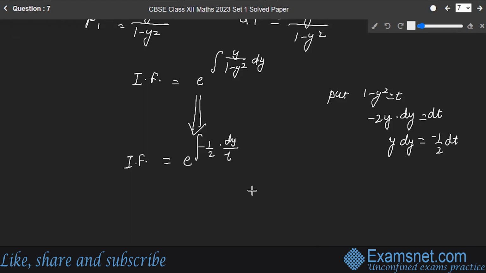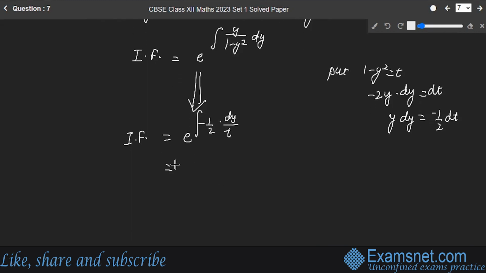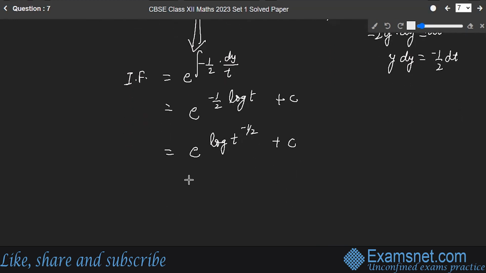Okay, so this is nothing but e raised to power minus 1 by 2 log of t, that is e raised to power log of t raised to power minus 1 by 2. I'm opening the integral, so plus the constant c, right?